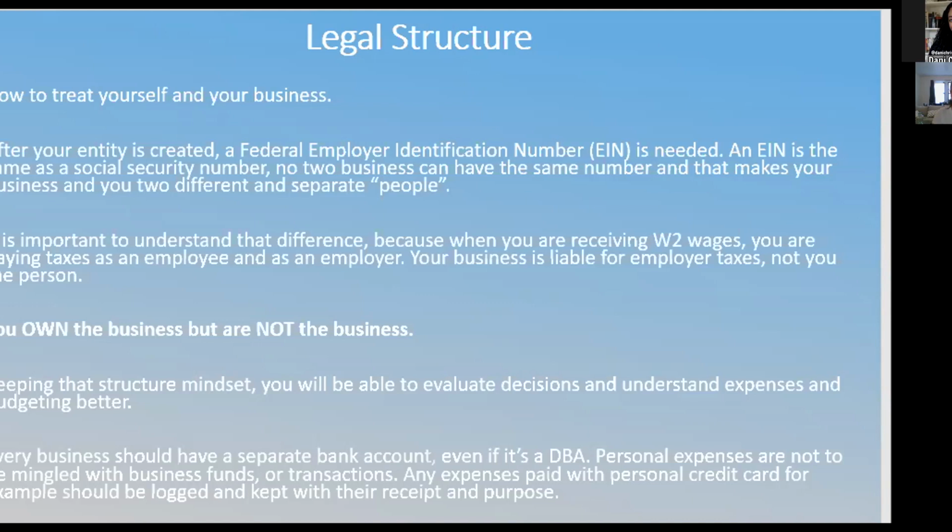Then all you have to do is calculate everything. You pay yourself as an individual, whatever bills the business has, but you are you. You cannot mix the two. Sometimes we make that mistake, and then you miscalculate and commingle funds, and all of a sudden everything just goes crazy.